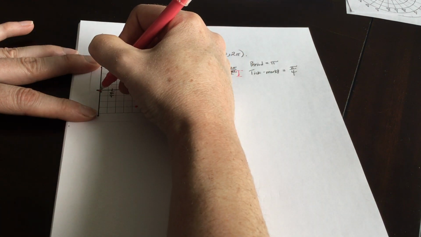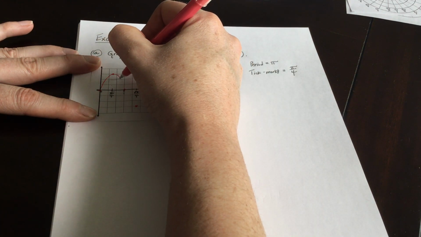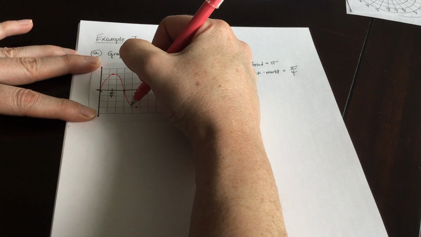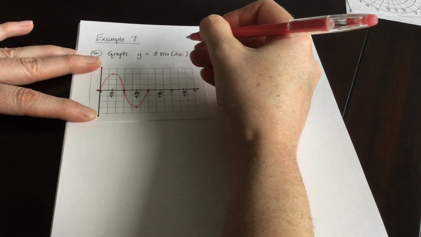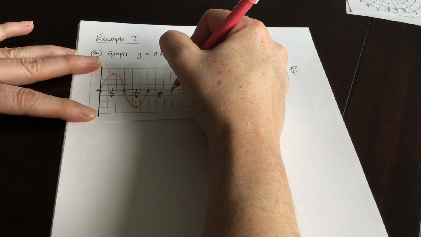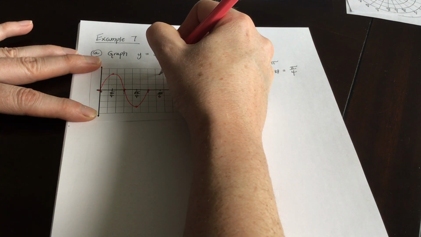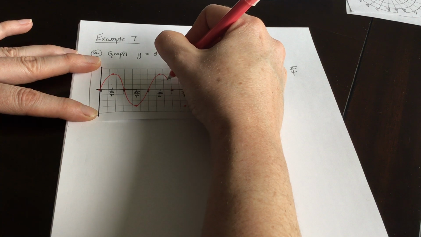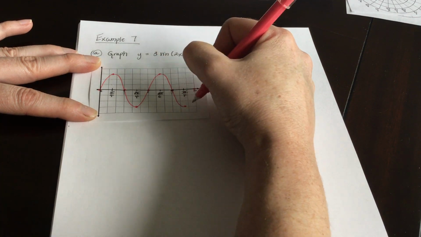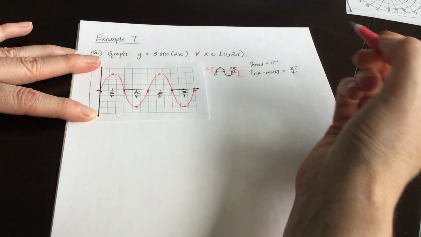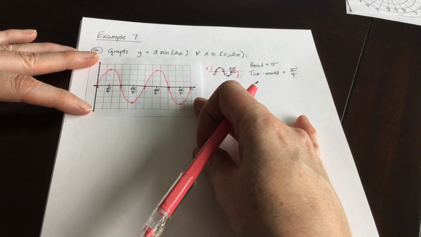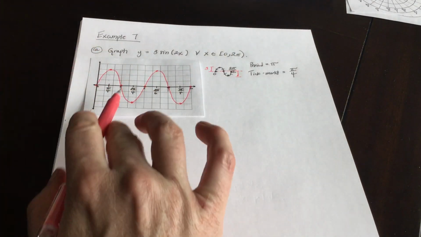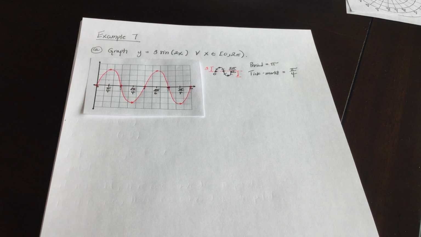Hopefully this seems familiar, or it's maybe some much needed review, one of the two. So this is the graph on a rectangular plane of y equals 3 times sine of 2x.